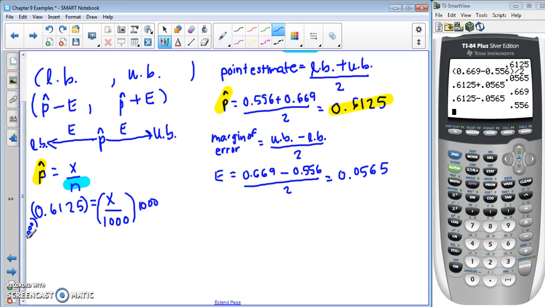So let's do 1,000 times 0.6125. We get 612.5 equals x. So that's the number of people that have that characteristic. Again, not exact, so just follow the directions that it tells you to round to there.